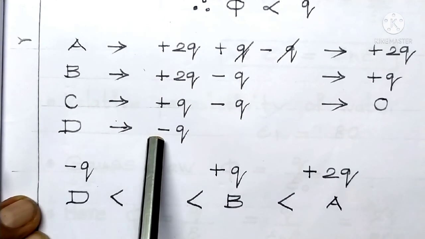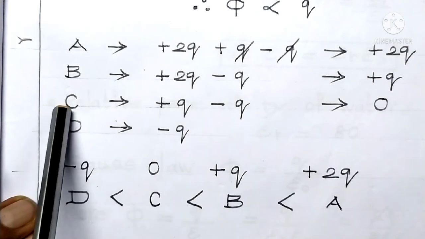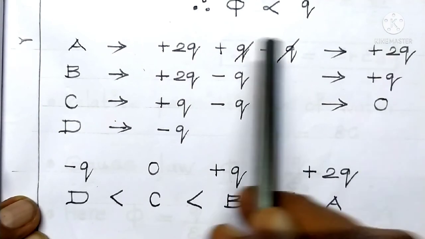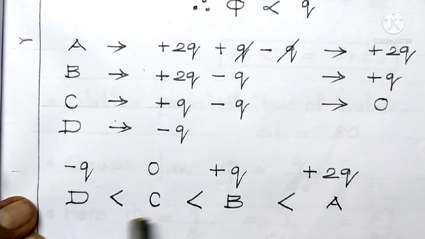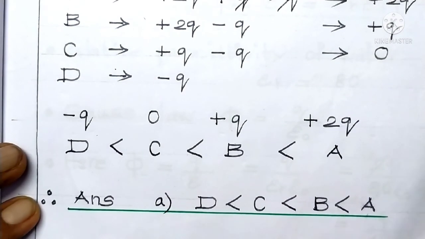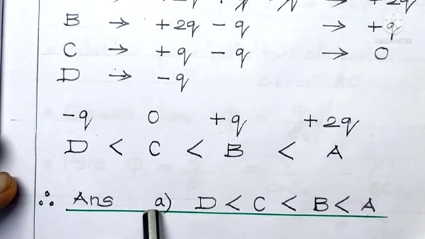Minus Q belongs to D, so let me write D. In the place of 0, C. In the place of plus Q, B. In the place of 2Q, A. So this is the ascending order. That is, C is greater than D, B is greater than C, and A is greater than B. So the answer is option A.